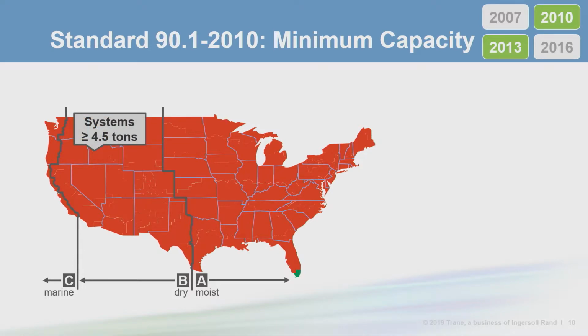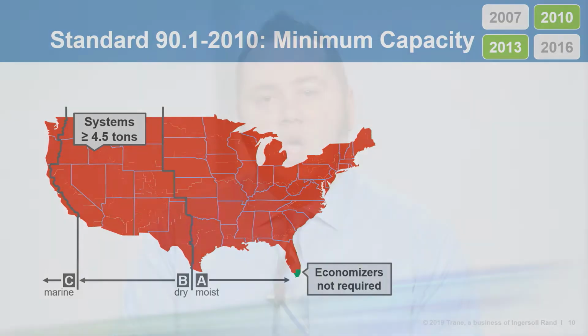All other systems greater than 54 MBH, 4.5 tons, are required to have an economizer. So with this change, a greater number of systems will have economizers due to the increase in climate zones and the lowering of the threshold from 11.3 or 5.4 tons to 4.5 tons.